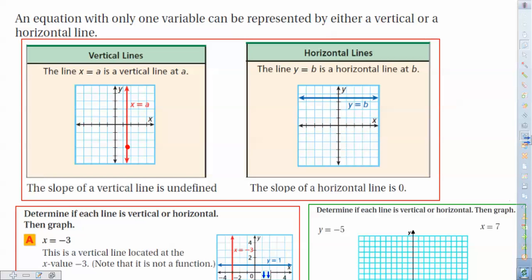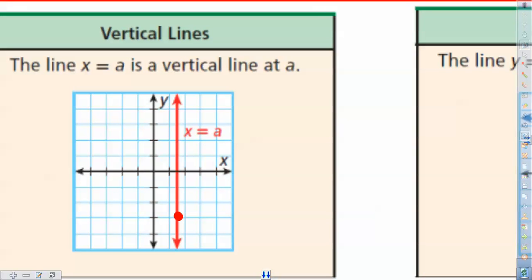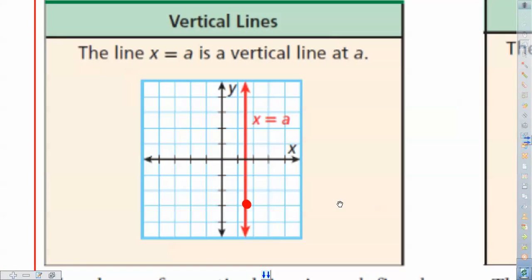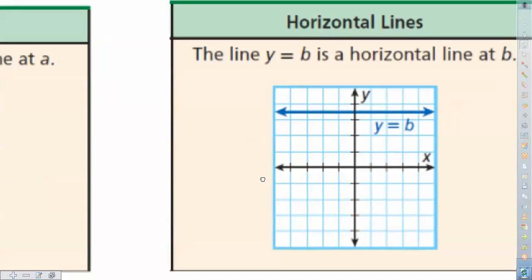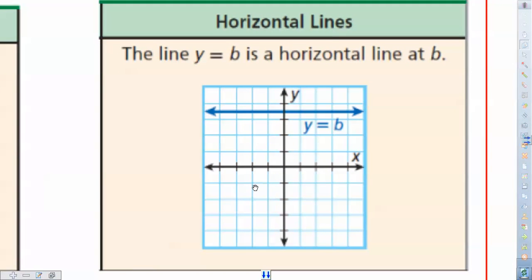So I summarized this for you guys here on your note sheet. Notice that when you have x equals a value, you're always going to get a vertical line. If we have y equals a value, then we're going to have a horizontal line.